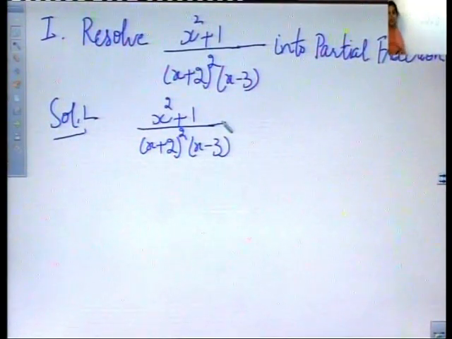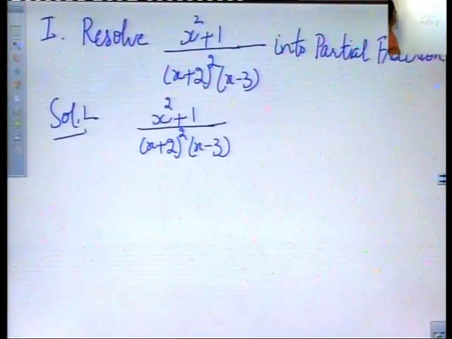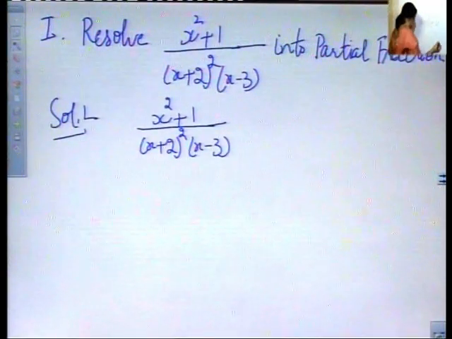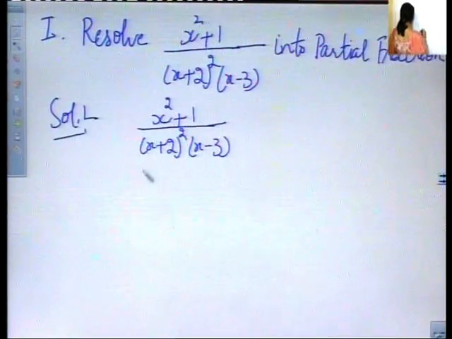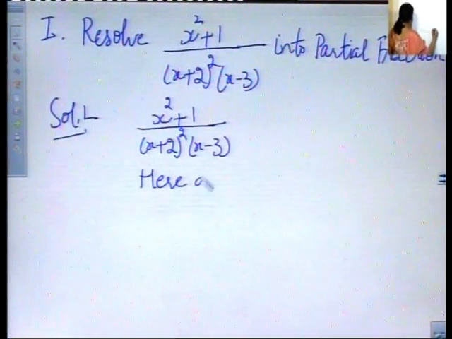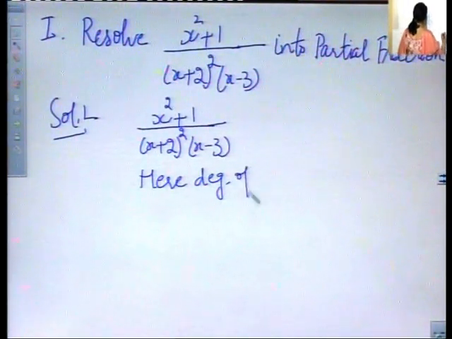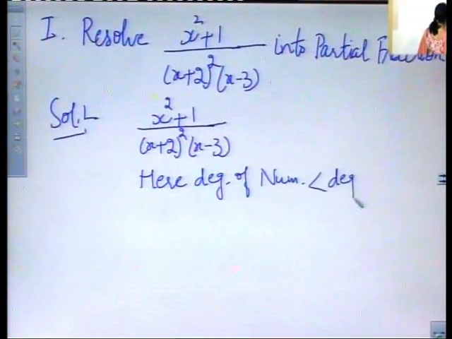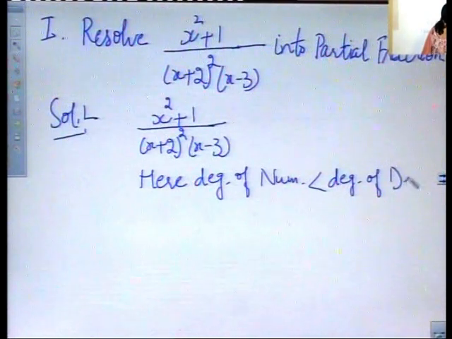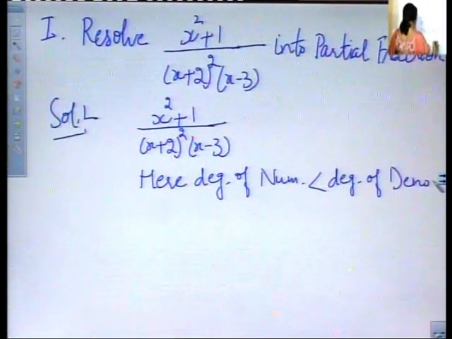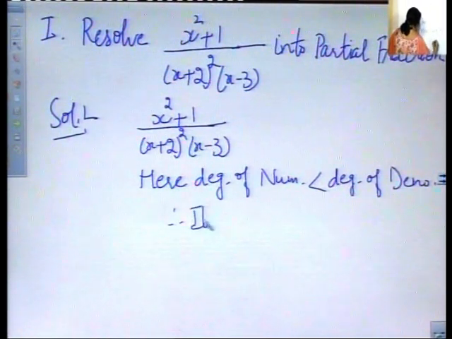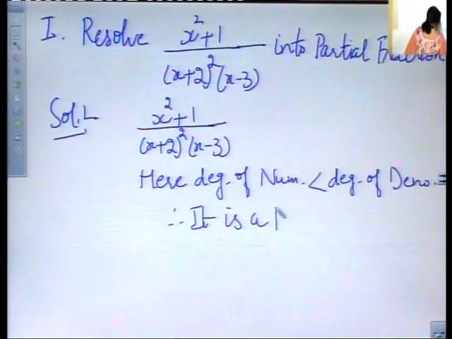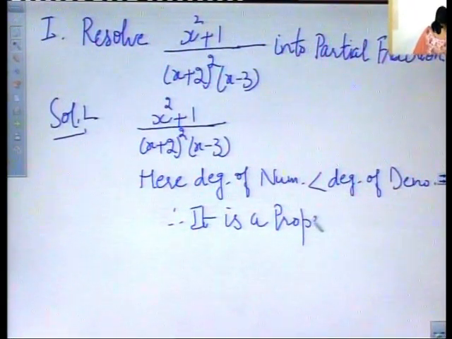First, we have to check whether the given fraction is proper or improper. It is a proper fraction. Here, the degree of the numerator is less than the degree of the denominator. Therefore, it is a proper fraction.